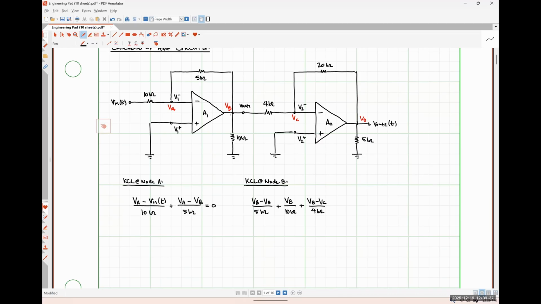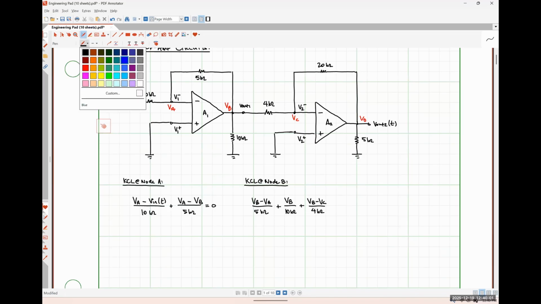We are applying KCL at the output terminal of an op amp. There absolutely will be some current flowing out of that. Unfortunately, it is literally impossible for us to know what that current is without knowing what the output voltage is. So we actually can't write a KCL equation here without introducing even more variables, right?